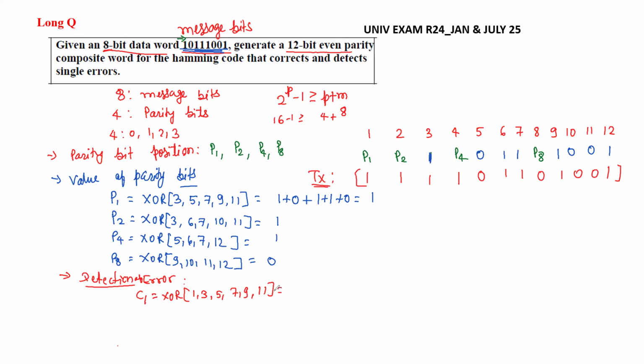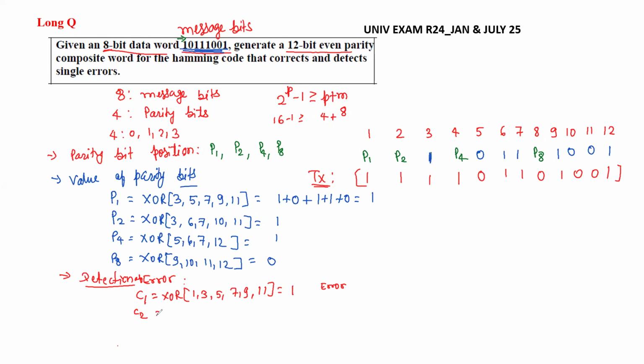Suppose C1 becomes 1, then we'll have an error. Suppose the bit combination has changed like this; here also we'll use the concept of even parity in the receiver. So suppose C1 is 1, that means an error has occurred. If all are 0, then no error.